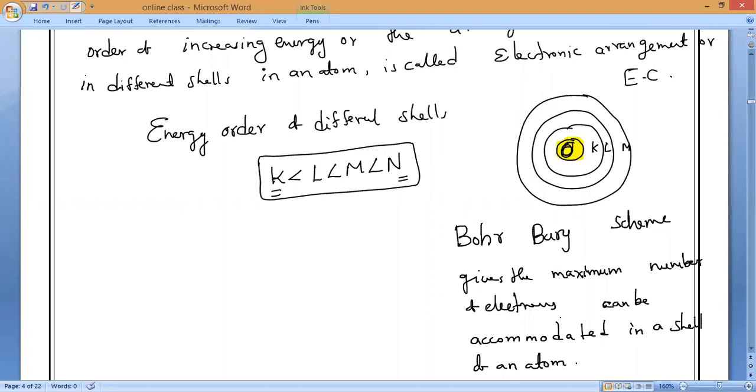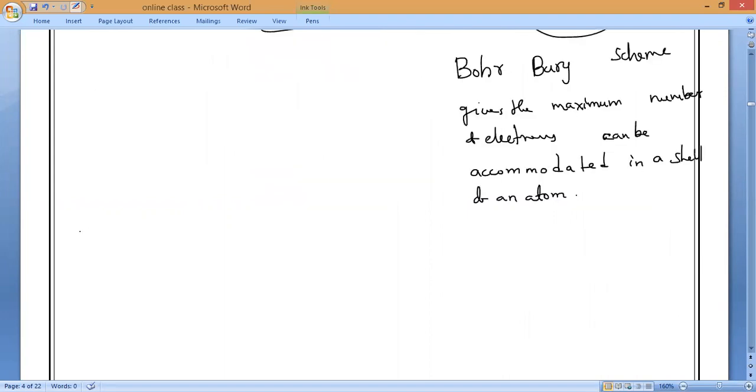So, what is that formula? Anybody? What is the formula for the maximum number of electrons we can arrange? 2n square, sir. 2n square.